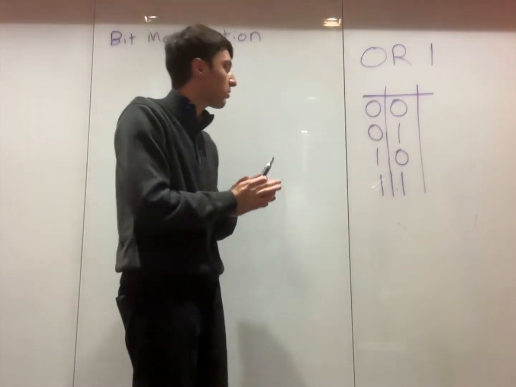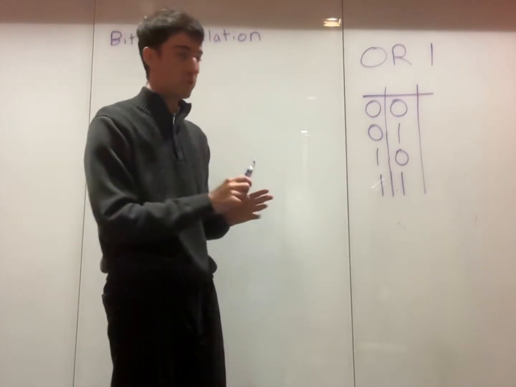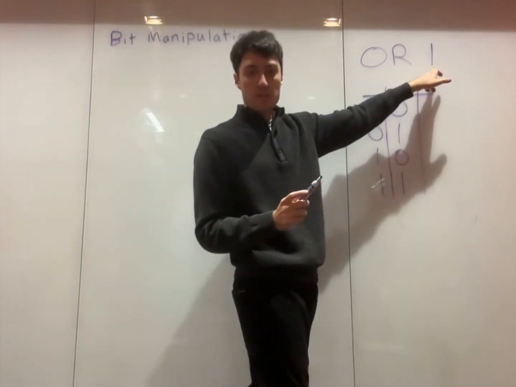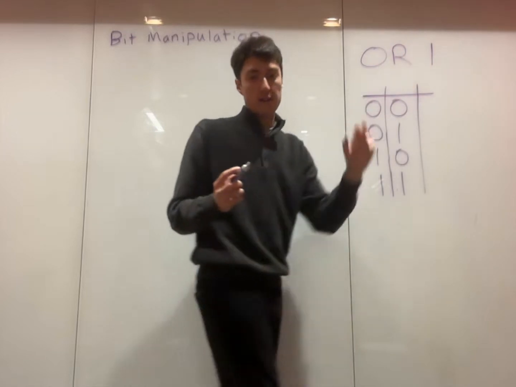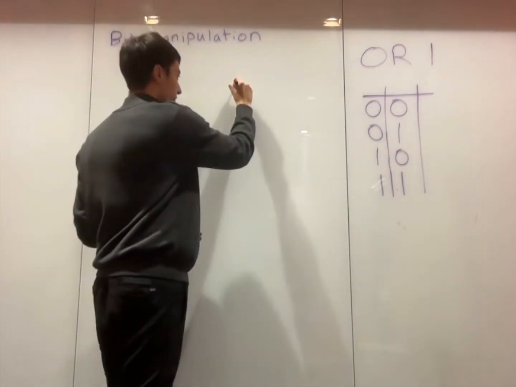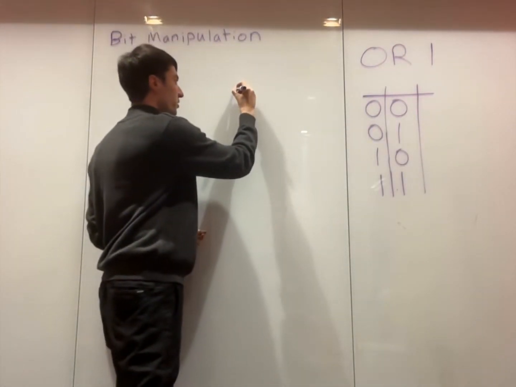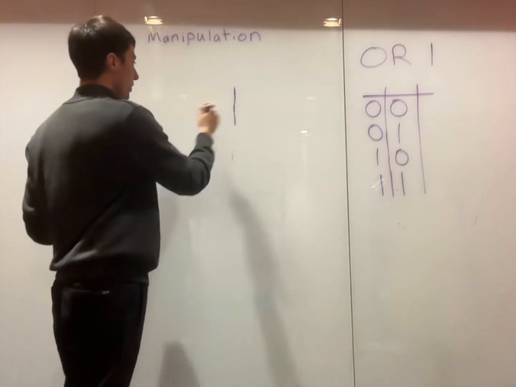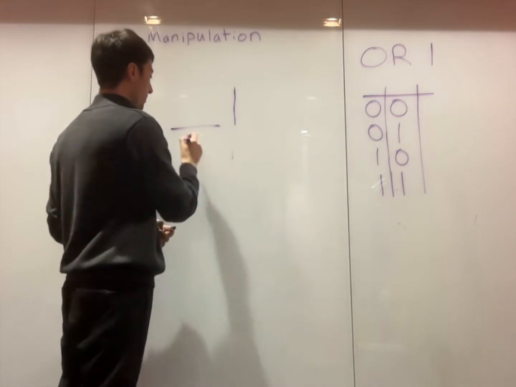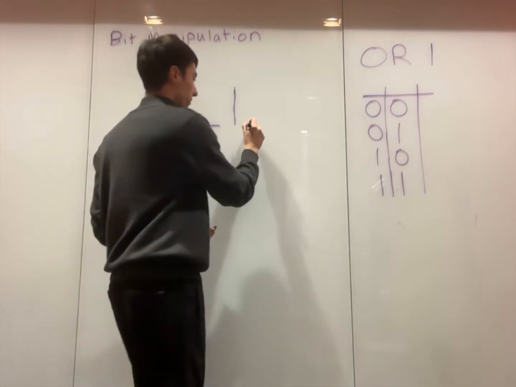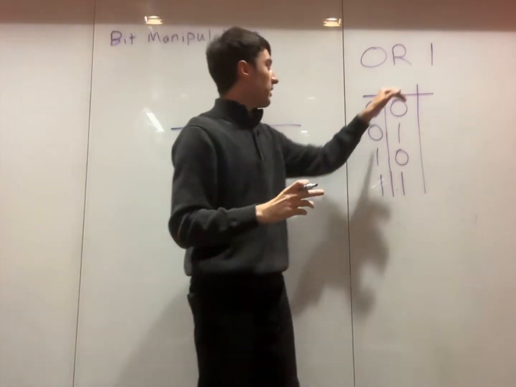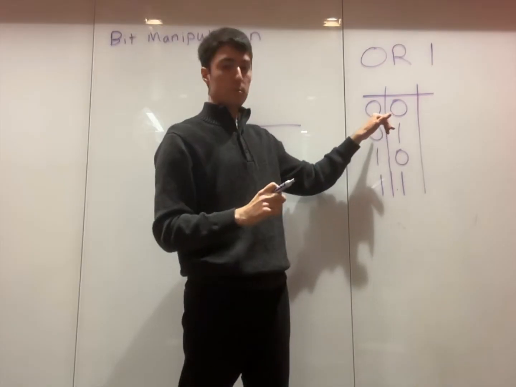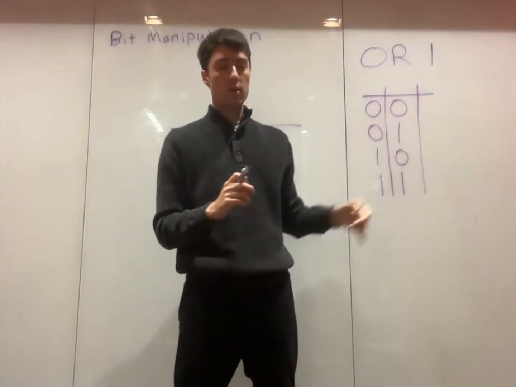All right, cool. So the or takes in two values. Here is the sign, it's just the vertical dash, right? And then we're going to have one value here, and then one value here. So with the or, we're going to do 0 and 0.